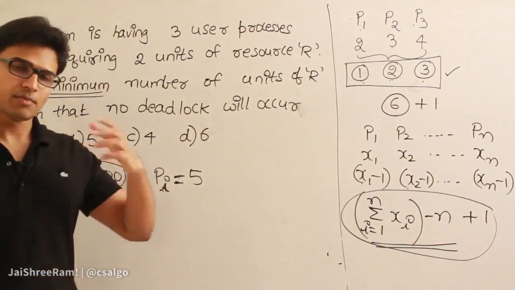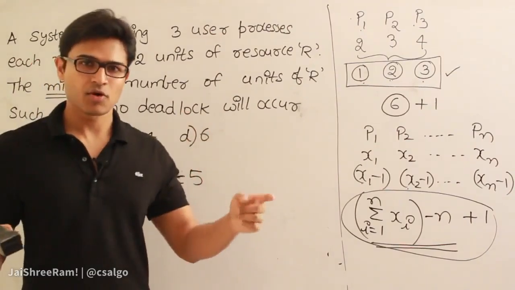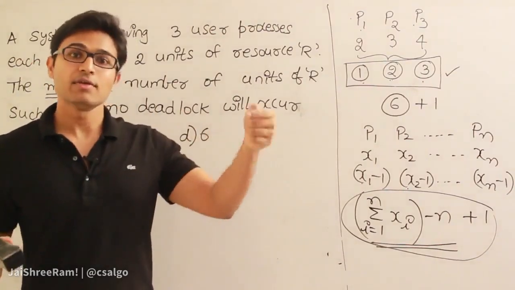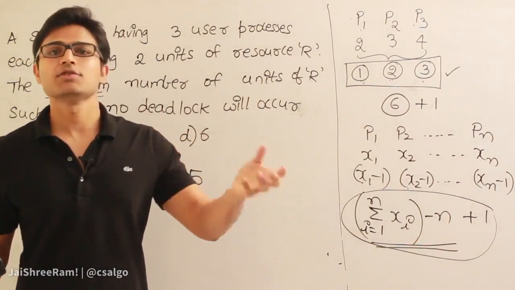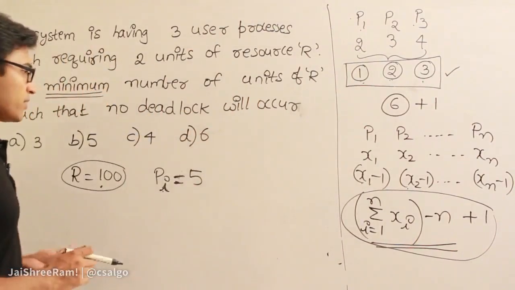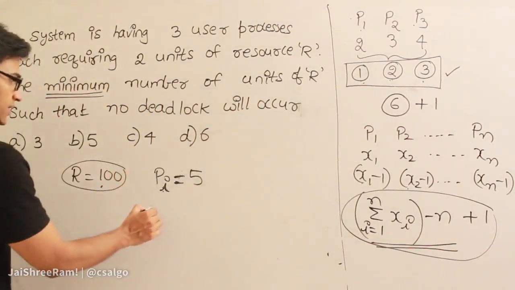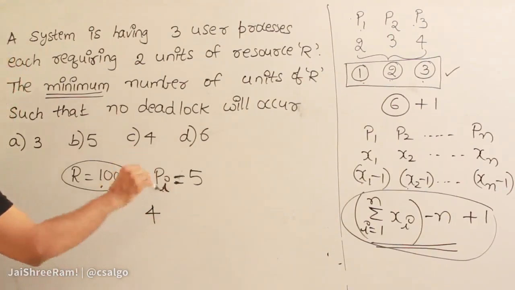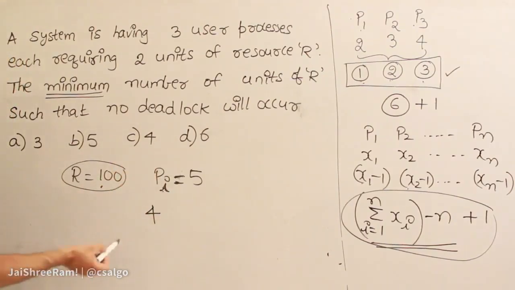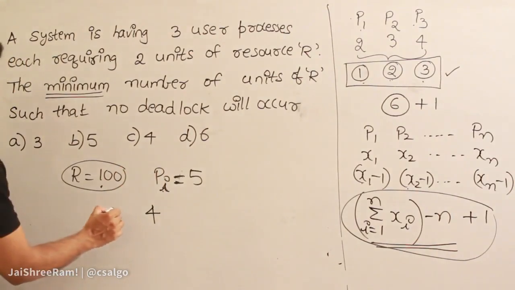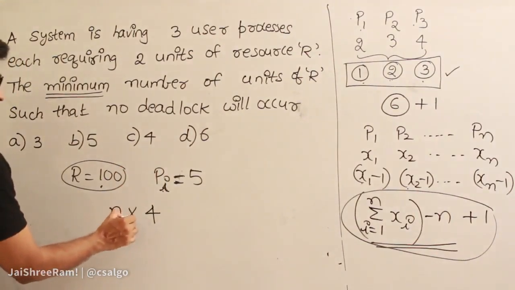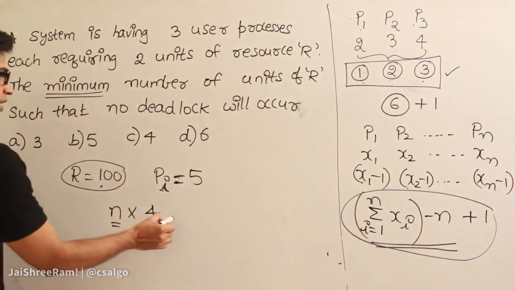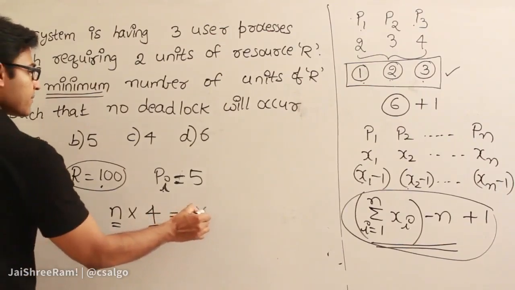Try to assign every process as many resources as they want except one, so that they will wait for that particular one and they will consume all the resources. So to every process I'll just assign 4, so that they will wait for one extra. And then I put the number of processes in such a way that all these processes are going to take up our resources completely, right?